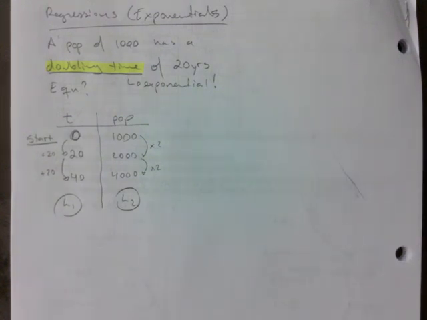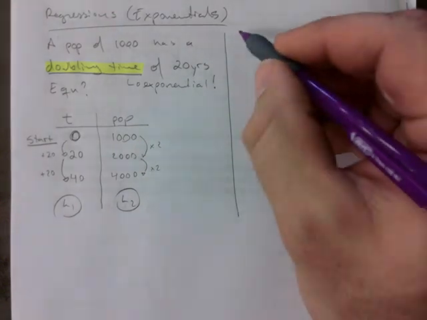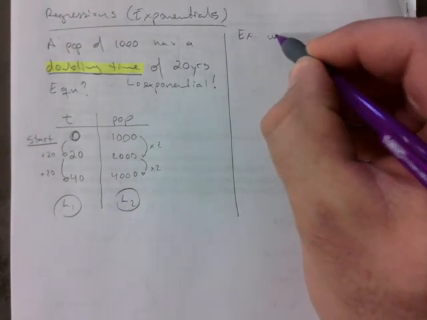Now I could ask you, how many people would you expect after 160 years? I could ask you anything I wanted. You go for it. Another one. This is an example with an equation.